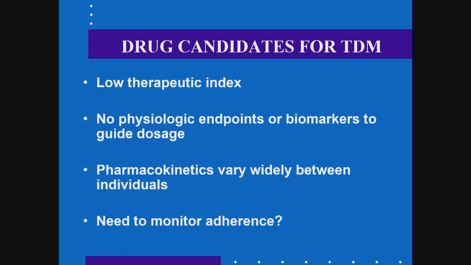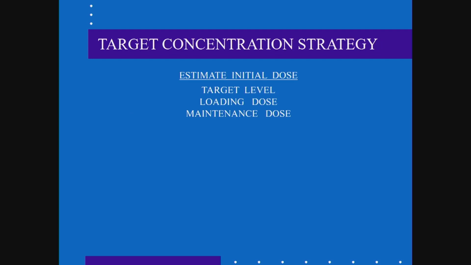So if you have a target concentration, then you can adjust doses on an individual basis. Occasionally, we may use a measurement of plasma drug concentration to monitor adherence, but there are some issues with this approach as well.